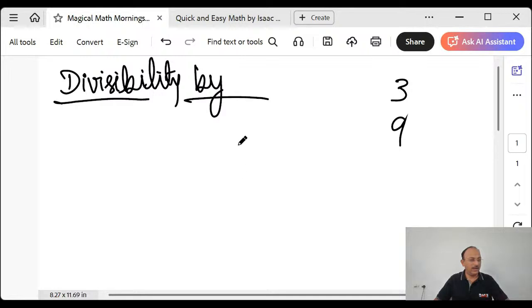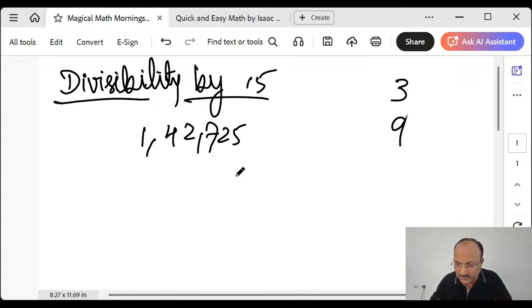Okay. Now I want to give you some numbers. Divisibility by 15. Please check 1,42,725 and tell me, is it divisible by 15 or not?